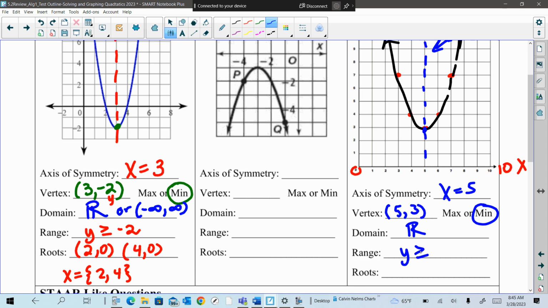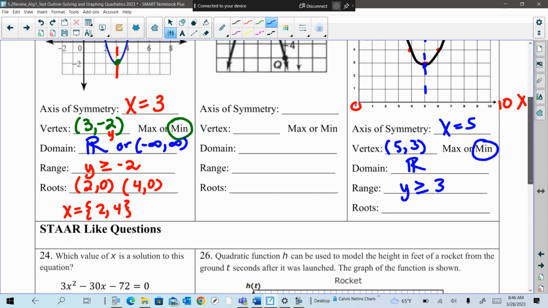So it's going to be y is greater than or equal to 3. And what are we going to say for the roots here? Does our parabola touch the x-axis? No. So we have no roots. So there's no solution. No intersections, there's no solution.